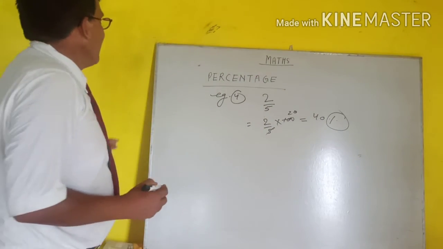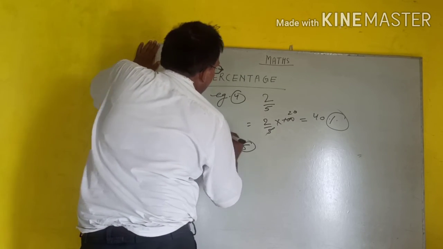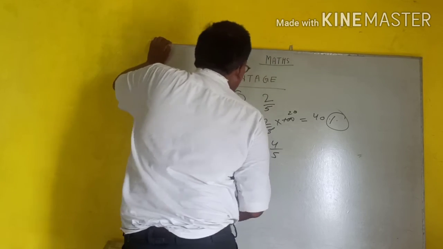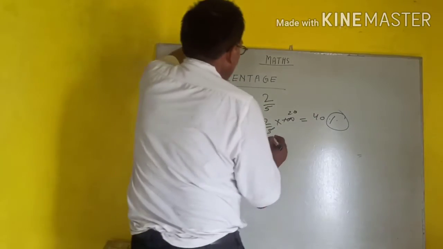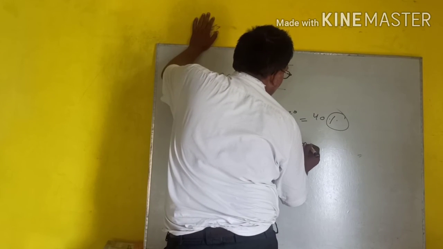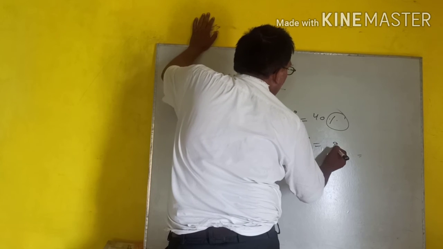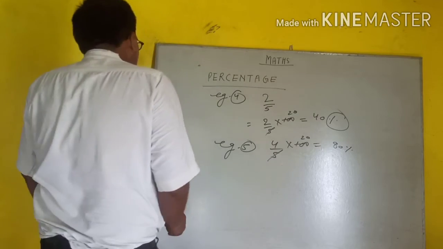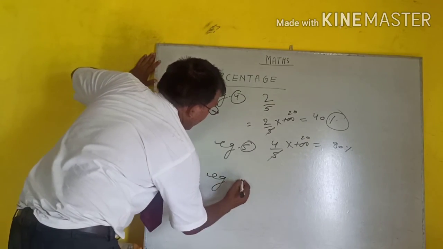Here I take another example. Example 5. If there is written 4 upon 5, how do you convert it into a percentage? 4 upon 5 multiplied by 100. Here 5 times 2 is 10, 20. 20 times 4 is 80%.